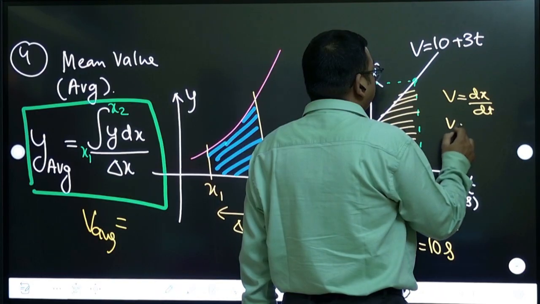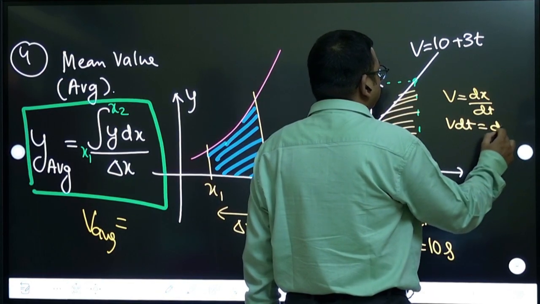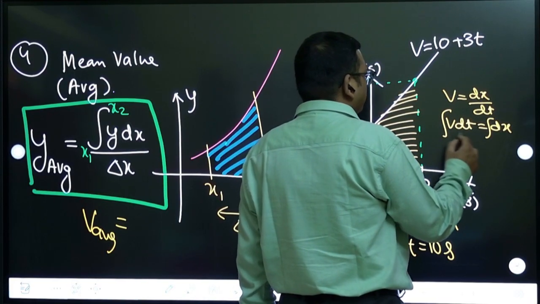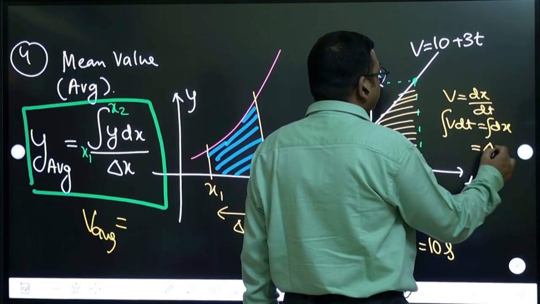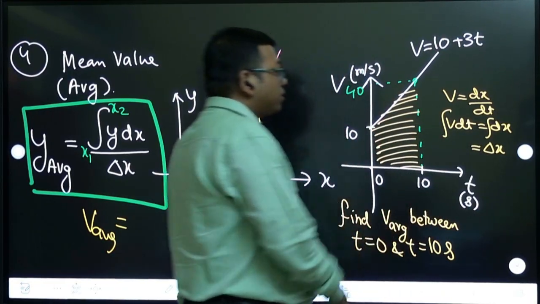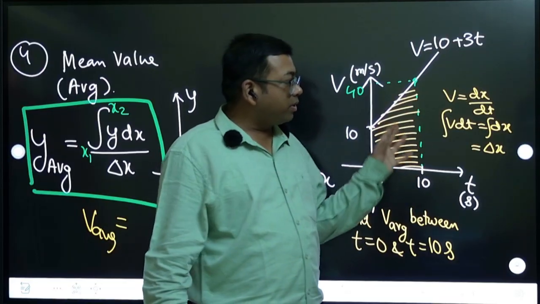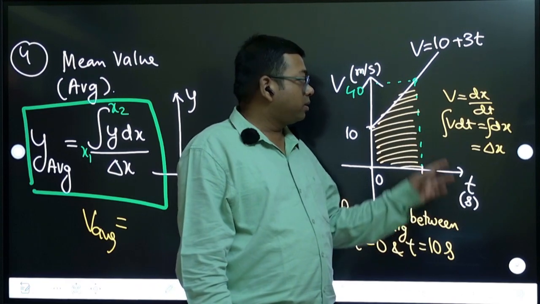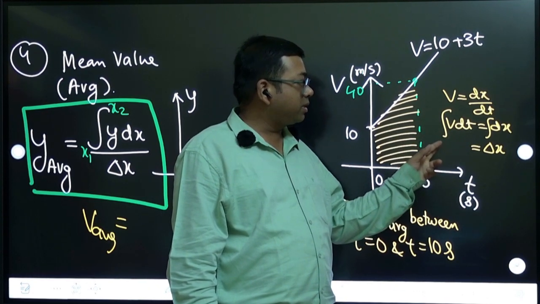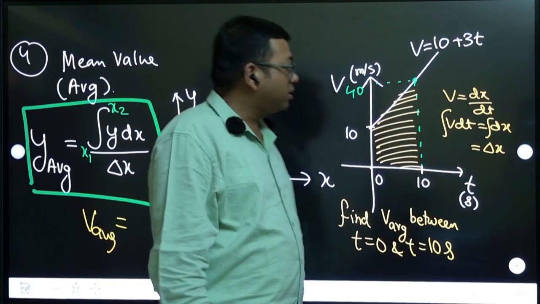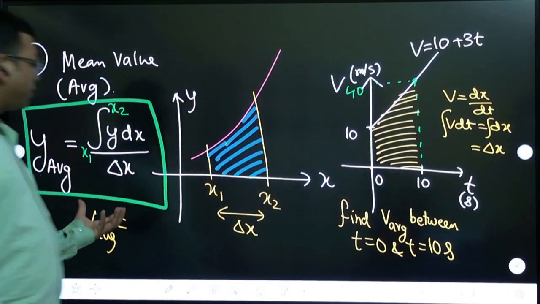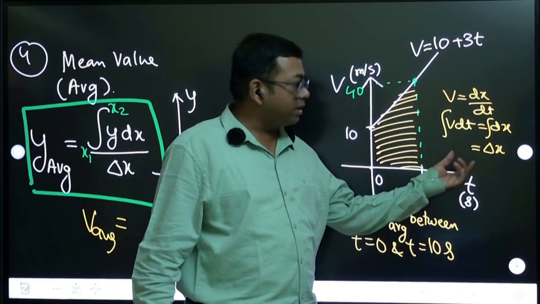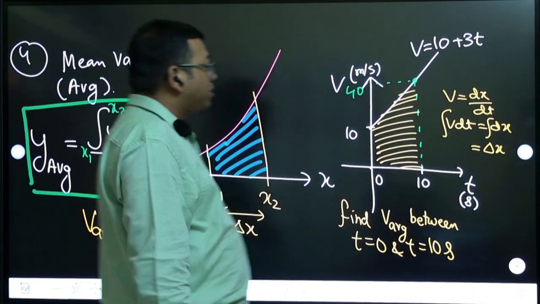So v dt gives us dx, and when you integrate, this side gives area under the velocity time graph, and integration of dx is delta x. So integration of the velocity time graph gives us displacement. Area under the graph gives displacement. Average velocity is defined as displacement by time. That is why we have written this. Displacement is delta x, which is area under the graph, divided by time.